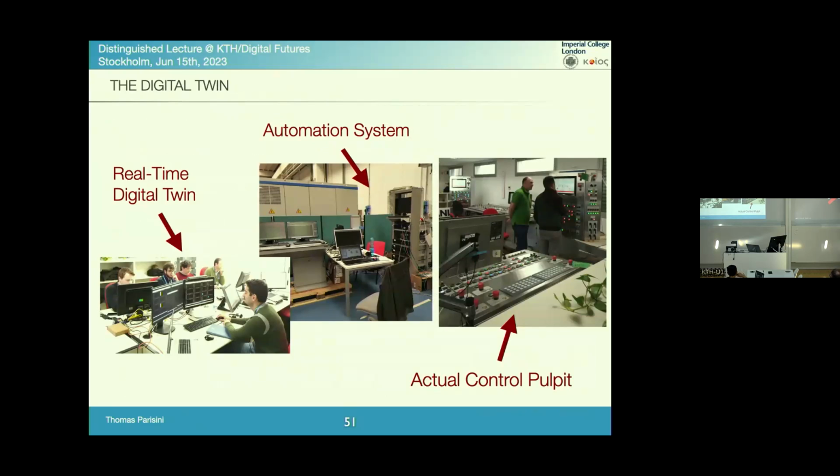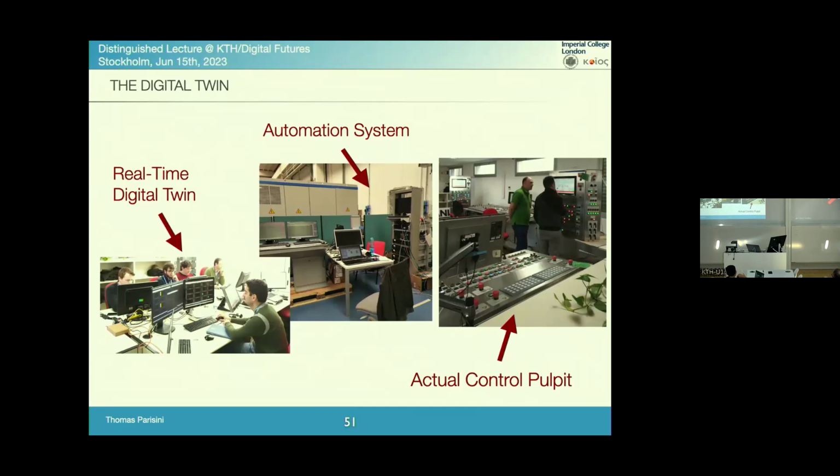For example, the stress and the strain of your material while it's rolled. This is not something you can measure in real time at 800 degrees of temperature. But if you have an accurate model telling you in real time, the plant operator can see the approximate internal stresses, the profile of that, whether there are non-uniform temperatures, and so on and so forth. That is the digital twin part.